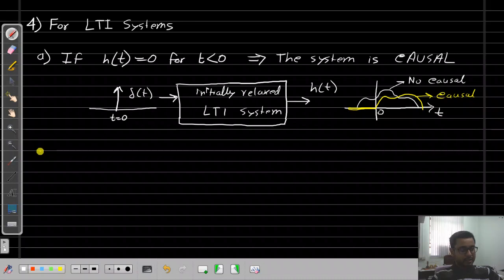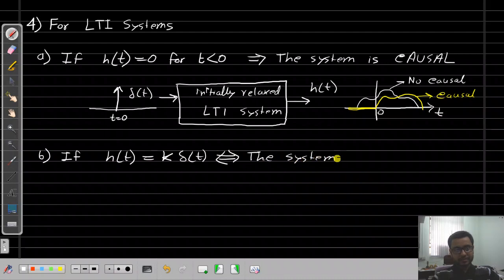Next, B. If h(t) is k times δ(t), then the system is memoryless. Again, this is easy to remember and understand.